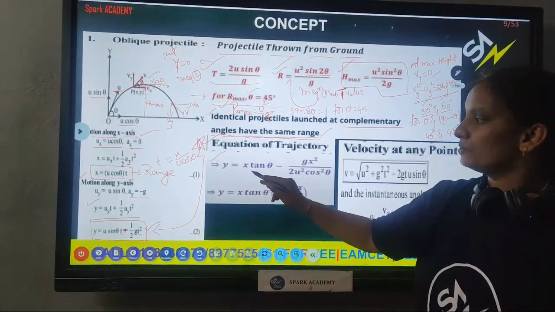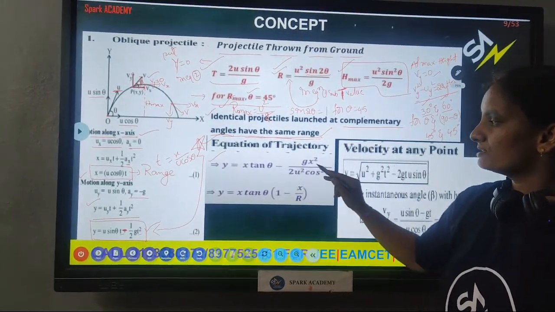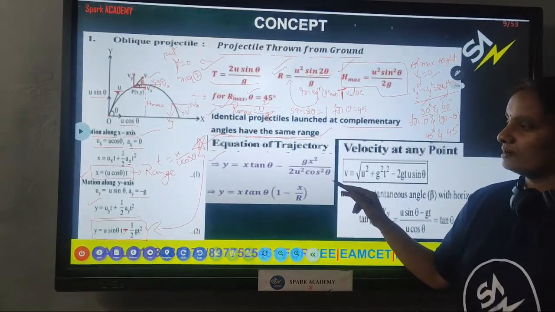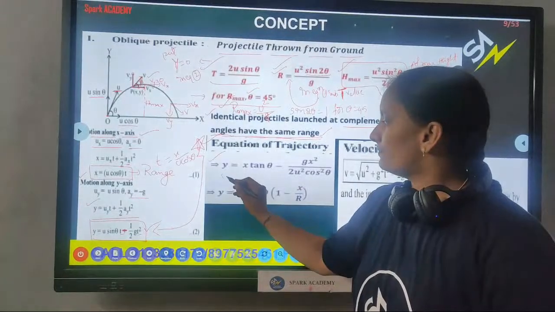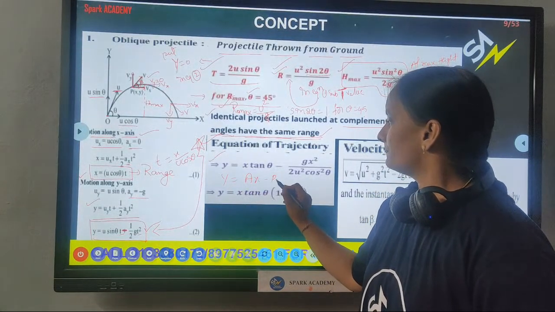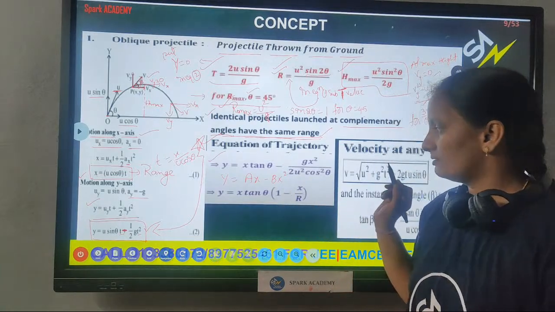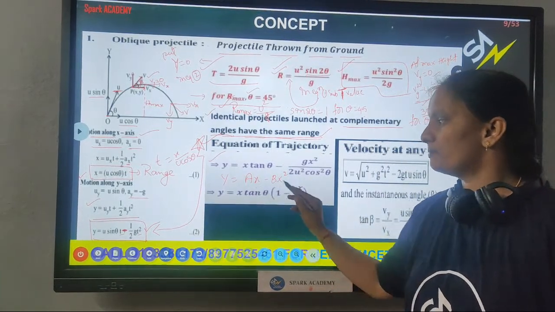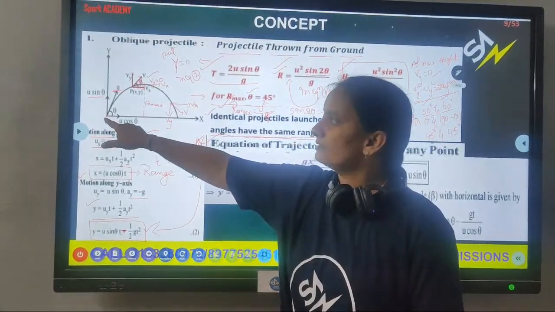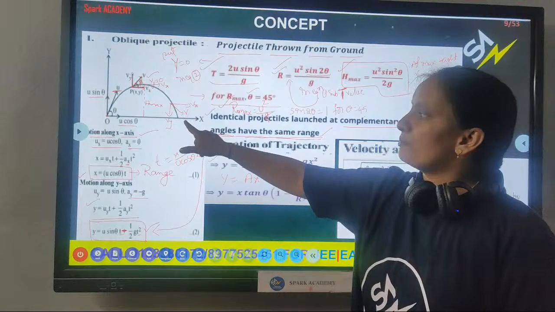y is equal to x tan theta minus g x square by 2u square cos square theta. So it is in the form of y is equal to ax minus bx square, which is the parabolic path. Here we are saying that when an object is projected, it follows a parabolic path.